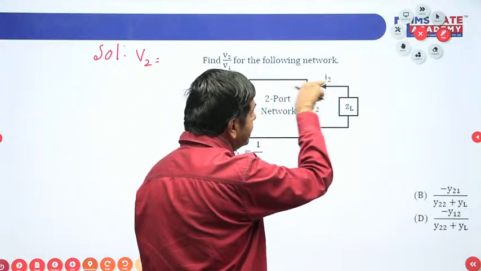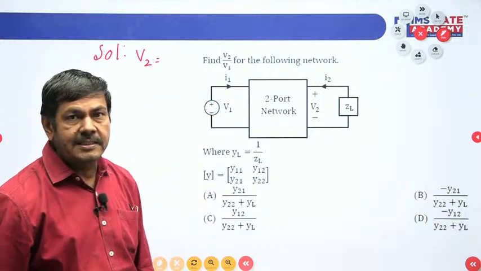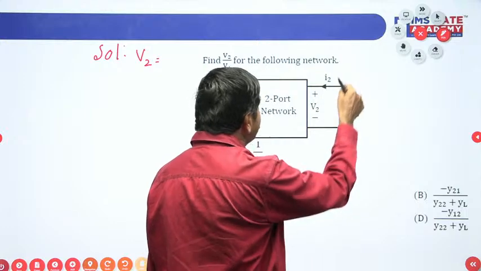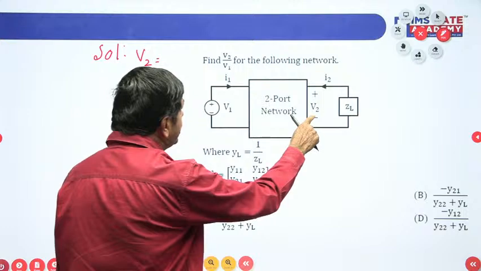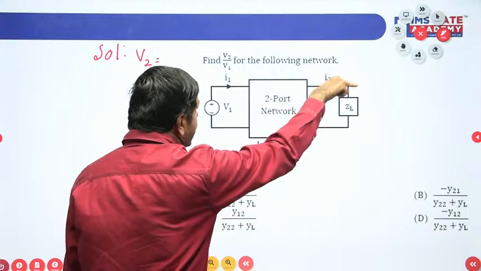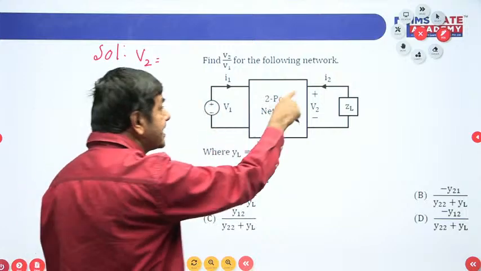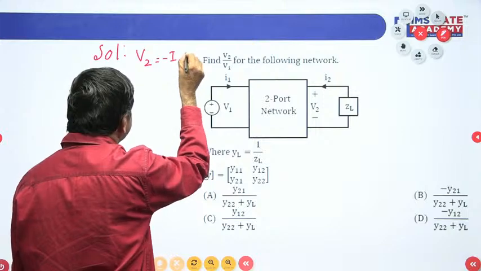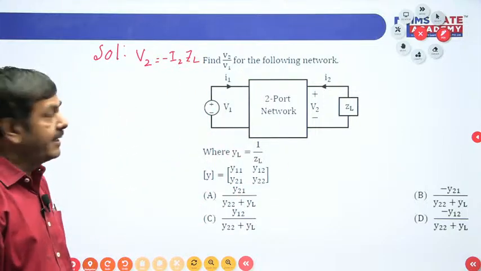But the current direction is given reversed. With respect to voltage, we can take the current direction this way. I want to find V2, but the actual current must be toward the ZL. But it is away from the ZL, so I can put minus I2. V2 equals minus I2 into ZL. That is the V2 value I can write.